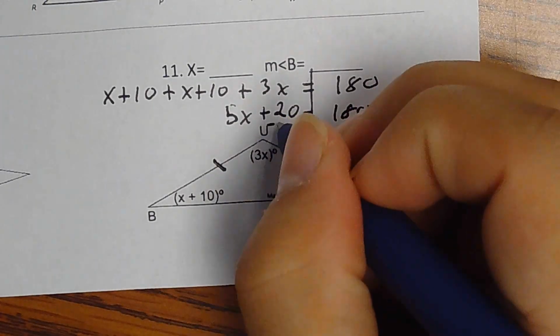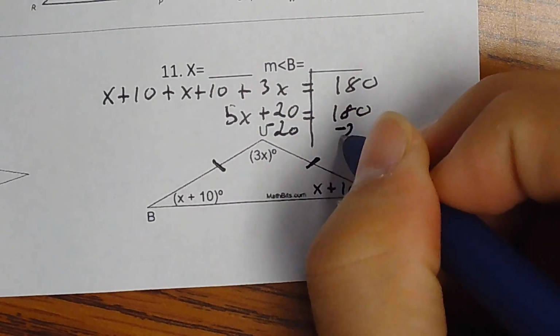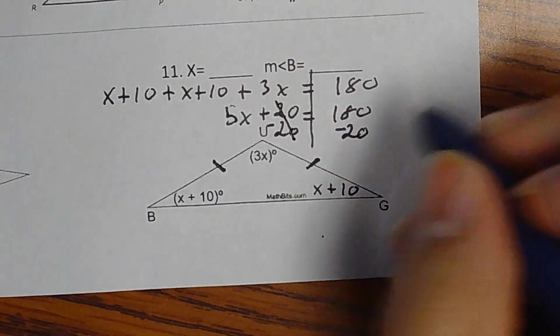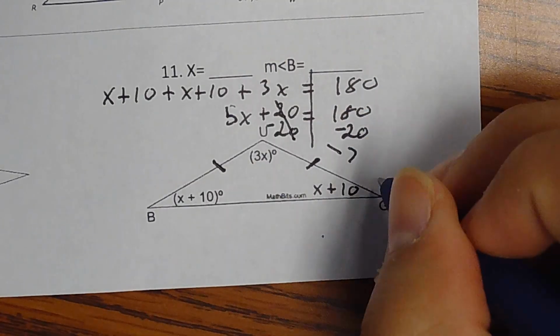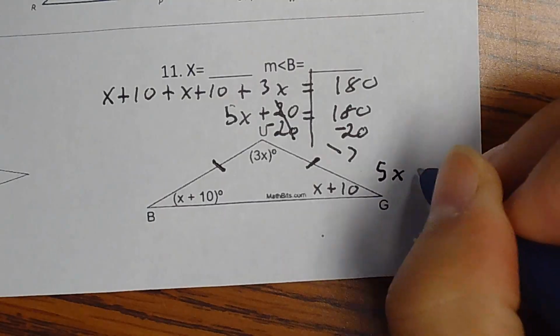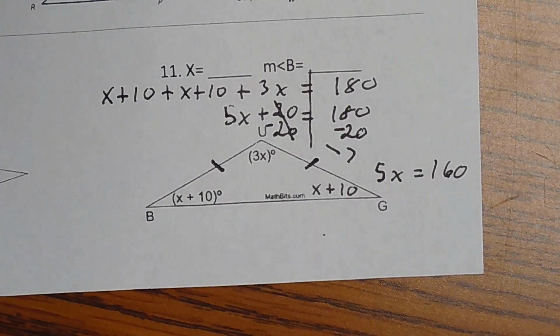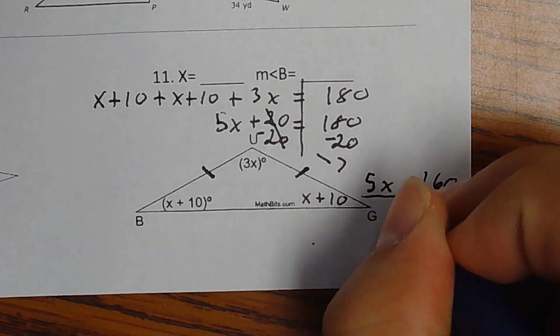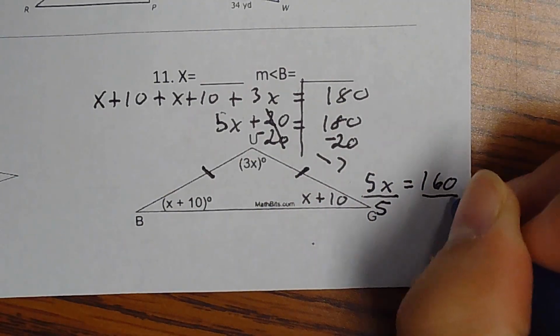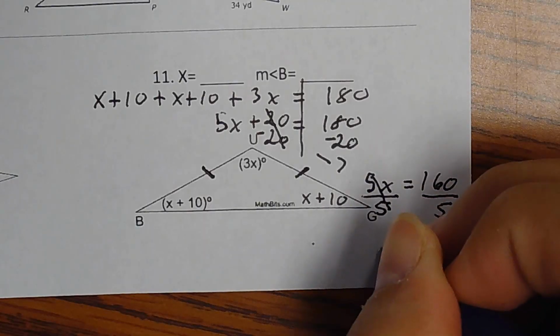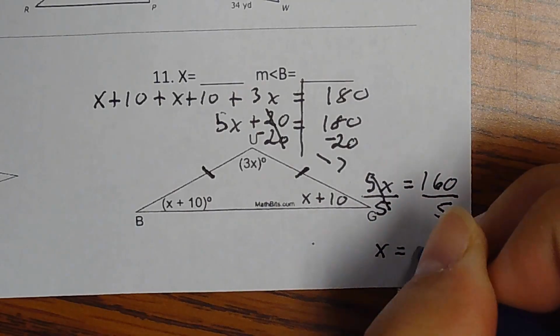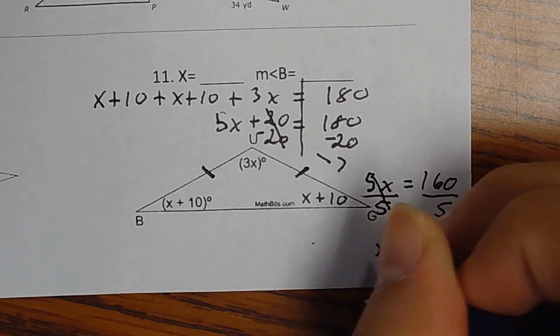From there, I got to subtract 20 on both sides. So I have 5x equals 160. From there, I divide 5 on both sides. X equals 32.